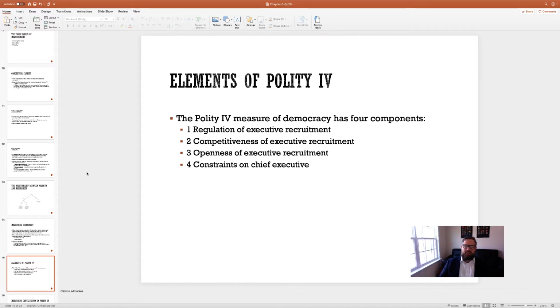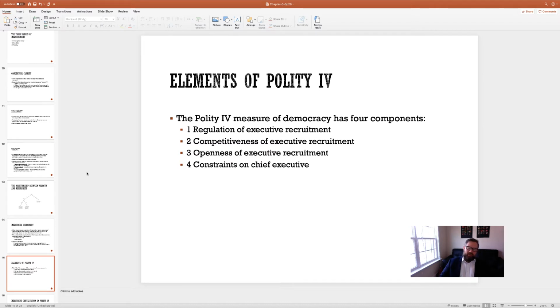Okay. Two, competitiveness of executive recruitment. How competitive is the process through which the executive comes to power, right? So in the United States, we would think about primaries and these kinds of things, right? And then three, the openness of executive recruitment.